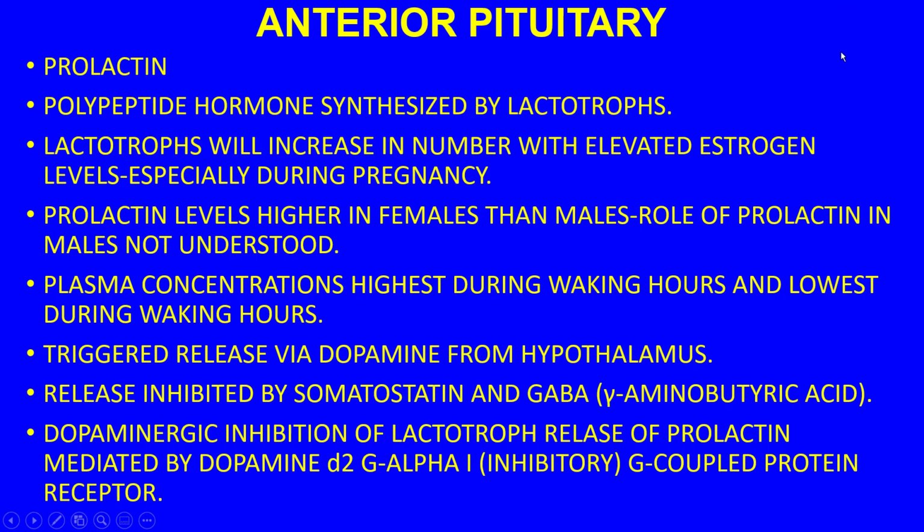Finally, we're coming up to prolactin. Now, prolactin is a polypeptide that's synthesized by lactotrophs. Lactotrophs will increase in number with elevated estrogen levels, especially during pregnancy. Prolactin levels usually are higher in females than males, and the role of prolactin in males is not really well understood.